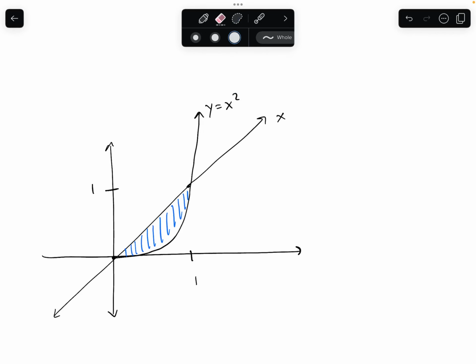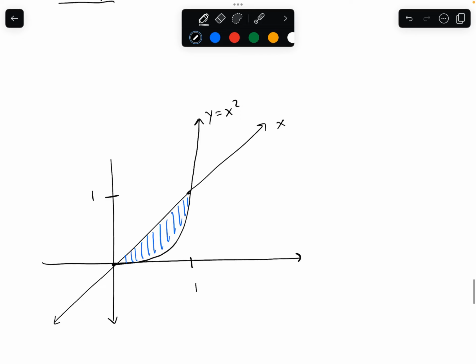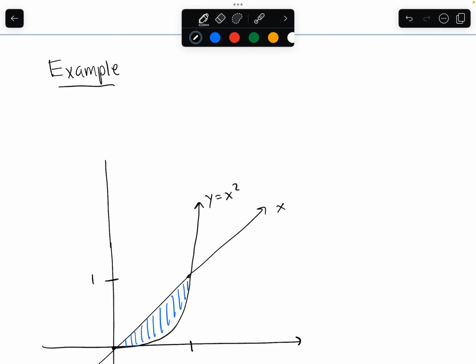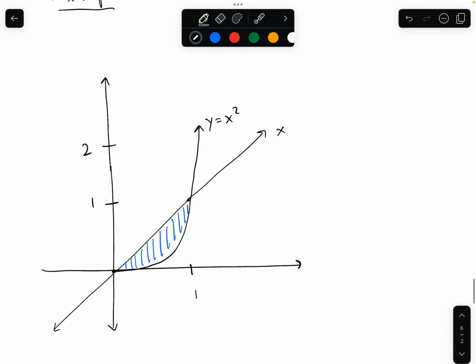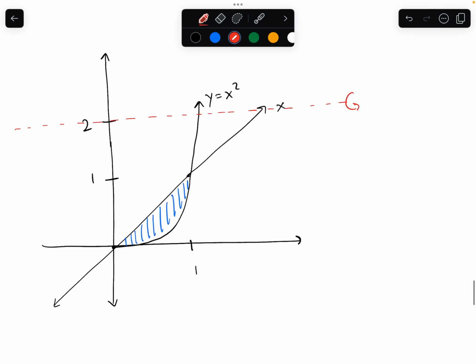Okay, so let me extend this up a little bit. I'll call that line y equals 2, and I'll put some dashes across this. That's the line y equals 2, and we're rotating that blue region around this axis now.